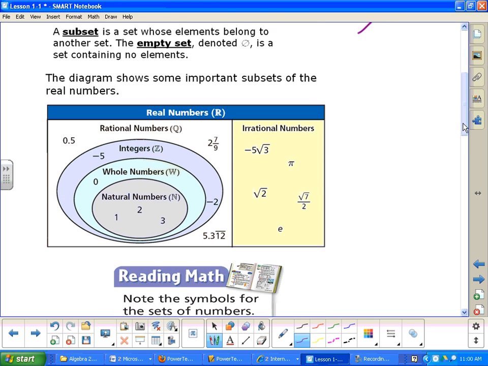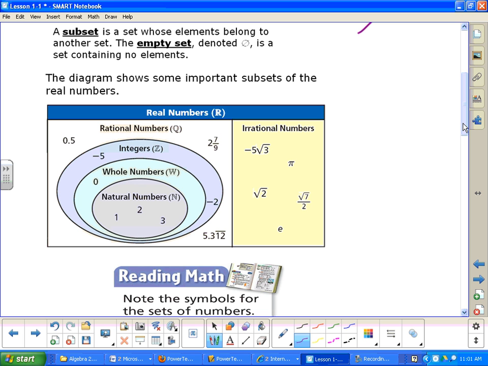This picture here shows all the different types of numbers that we deal with in mathematics. It doesn't show imaginary or complex numbers, but this is for the real number system. For real numbers, there are 2 major subsets. There are rational numbers, which are represented by a Q, and then there are irrational numbers.